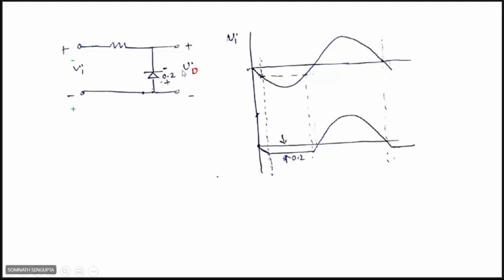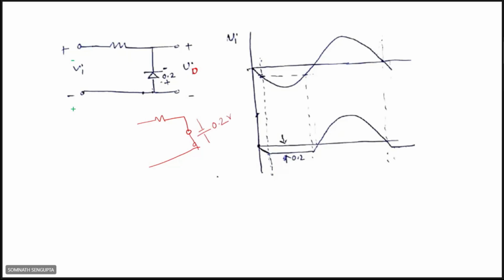Okay, so here it is drawn. You see that during the negative cycle, when the input voltage becomes more than 0.2 in the negative direction, that time the diode becomes on, and immediately the output, since it is shorted, like a shorted path, but it has a certain voltage of 0.2 volt.